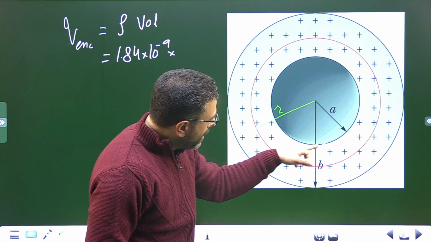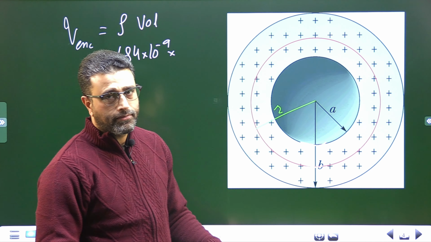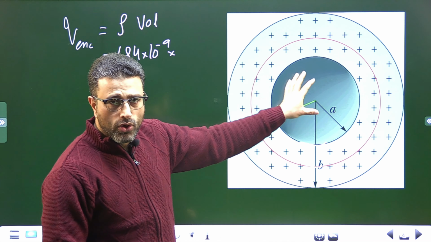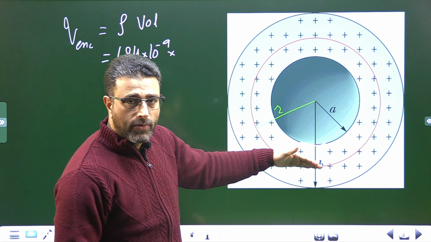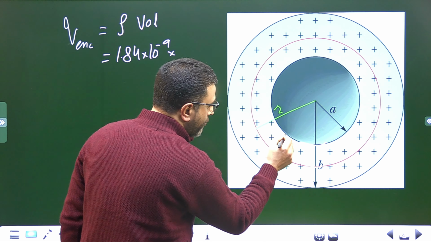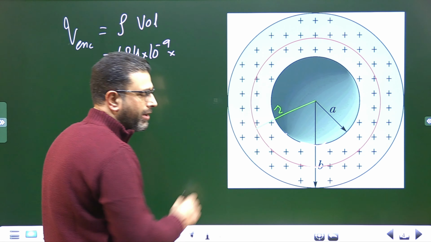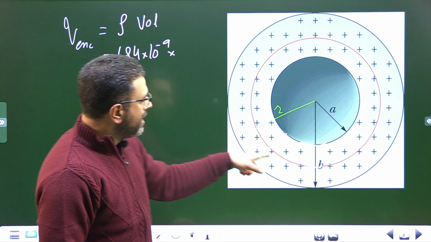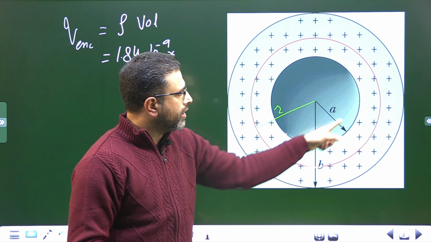Now, volume is from A to r. Within A, there is no charge. Charge is only from A to B. And we have to find out charge not from A to B, but from A to r. So, volume is simply outer volume minus this inner volume.